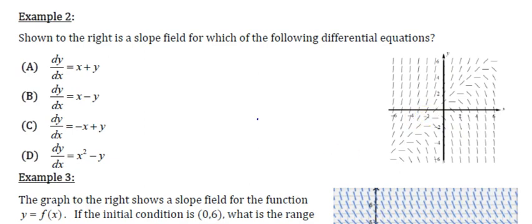Let's check the slope here. You can see that here the line is when x, -x plus y, this is 1, 1. So look at this slope, and we can say that -x plus y is equal to 1.